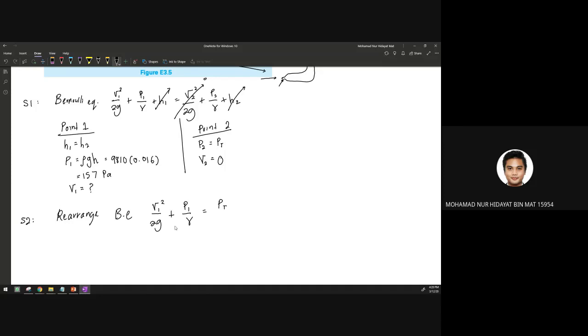Pressure 2 becomes pressure T, the stagnation pressure, divided by gamma. So far, are you clear? How we get this until step number 2?